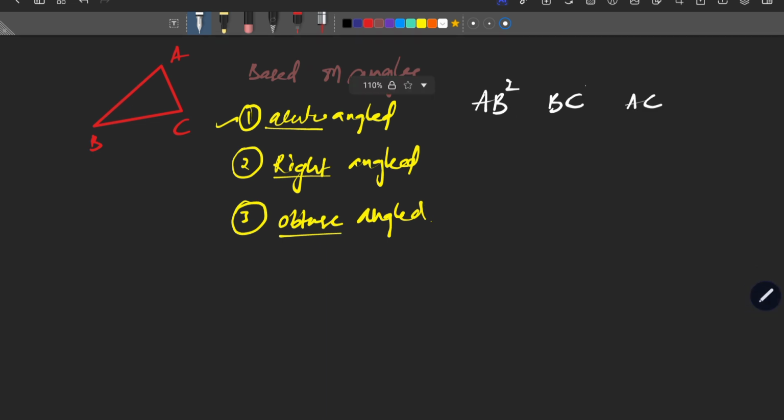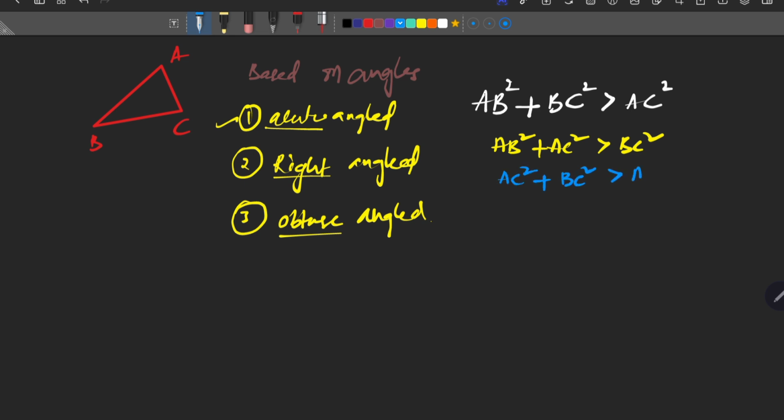Just square them. The sum of squares of any two sides is greater than the third side's square. There are three different possibilities: AB square plus AC square is greater than BC square, otherwise AC square plus BC square is greater than AB square. If any one of these is possible, that type of triangle is an acute angle triangle.